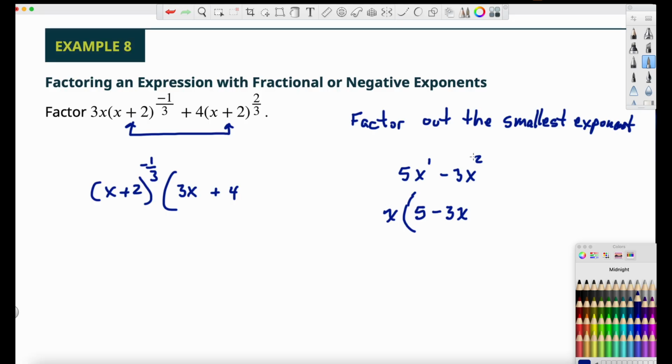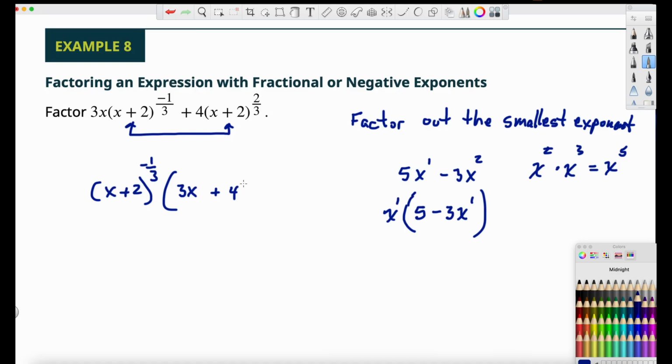Now, when I factor out this x, what am I doing here? I am subtracting 1. I'm subtracting 1 from 2 to give me 1 here, right? I'm subtracting the exponent when I factor. When we multiply exponents together, like x squared times x to the third, that equals x to the fifth, because remember what we do there is we add the exponents. 2 plus 3 is 5. When we factor, we're subtracting.